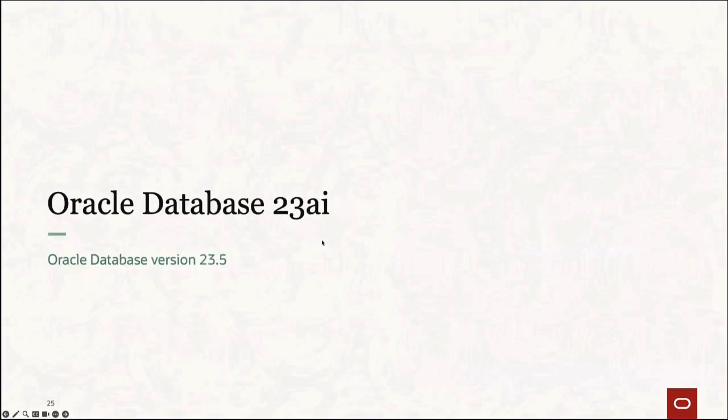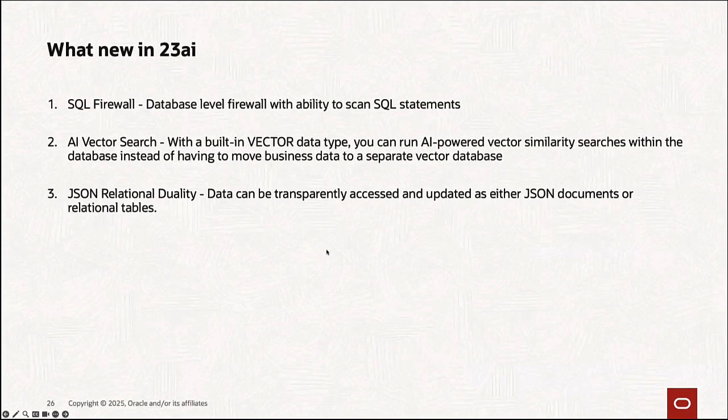And then touching on Oracle 23ai, as mentioned before. Oracle Database previously went up to the latest version being 23c, but with 23ai being a slightly more updated version, we have several key additional features, including SQL Firewall.